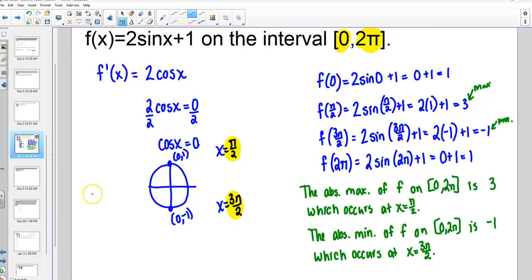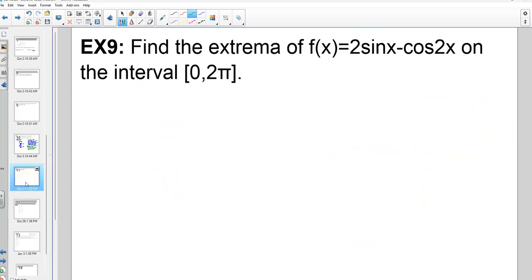There. Okay, questions? So if it's asking us for absolute maximums or minimums on a closed interval, we want to take the derivative, find our critical points, and then test all of our critical points and endpoints to see which one's highest and which one's lowest. All right.